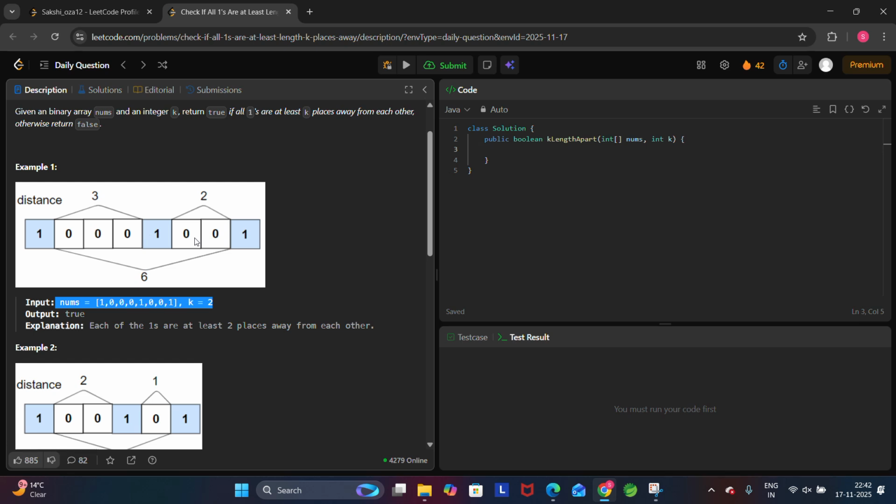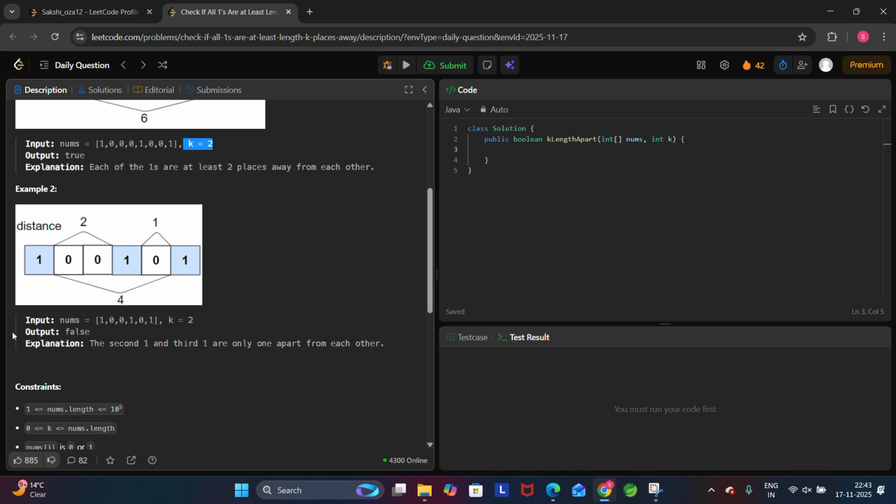The distance between the first and second one is 3 positions, and the other is 2 positions. So the answer is true, because the distance between the first and second is 3 apart, and between the second and third is also 2, which is k or more than k. So it is a true example.